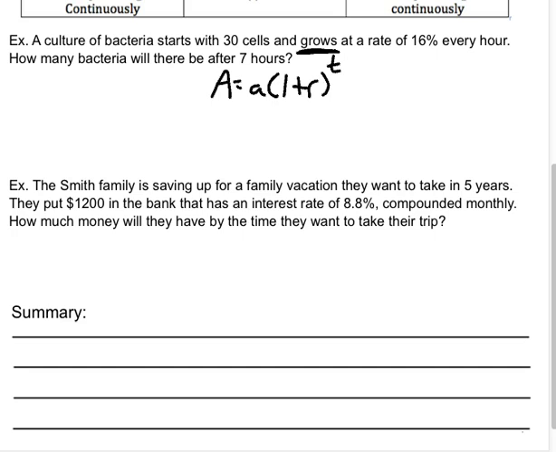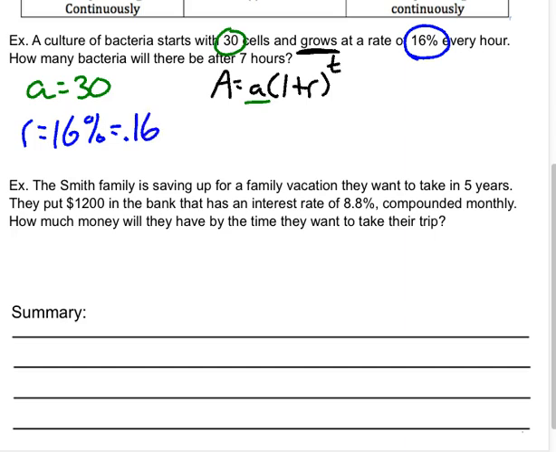I'm starting with 30 cells at a 16% rate. So 16%, move that decimal place twice, is going to give you 0.16. So I'm starting with 30, 1 plus 0.16 to the t. Of course, we're talking about 7 hours. So that's what I'm going to plug in for t.